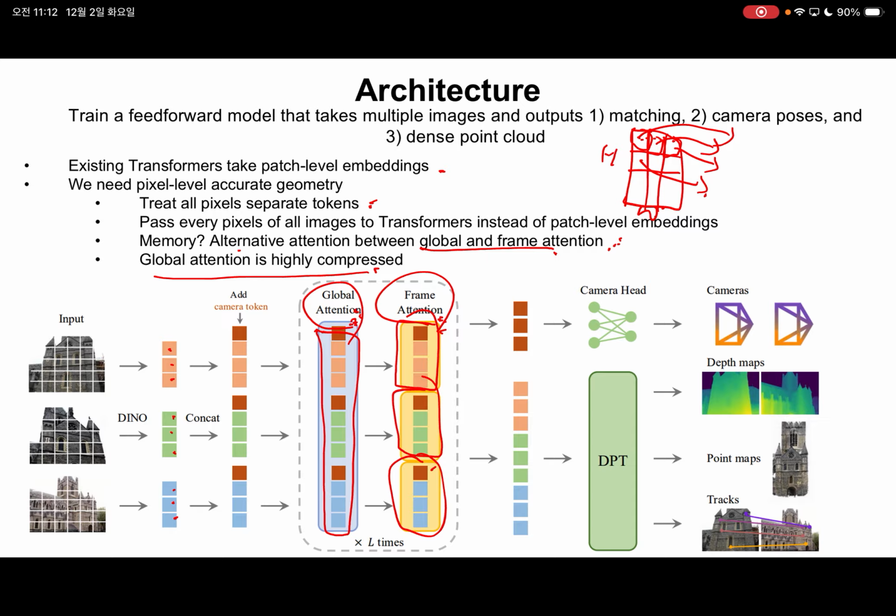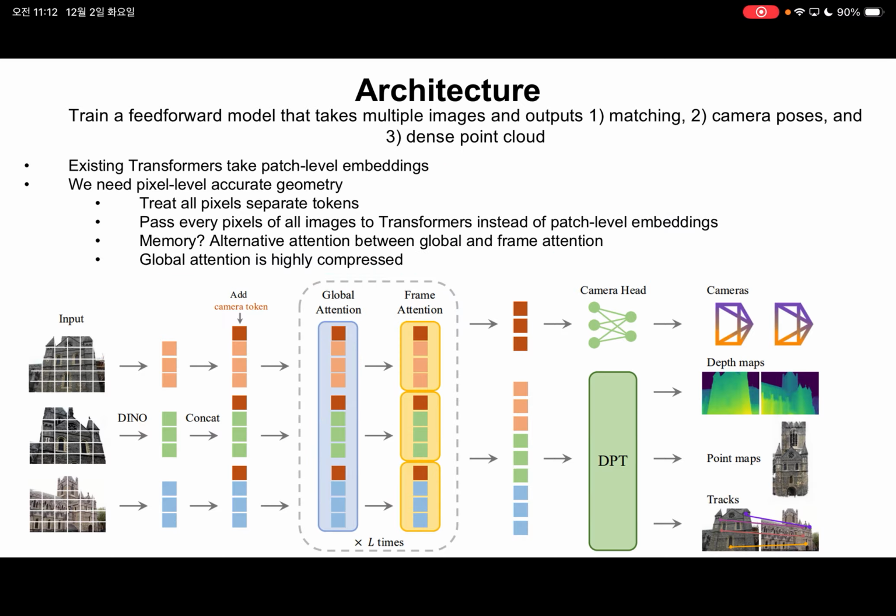Designing these two types of attention, with global attention very compressed, and this alternating attention mechanism is the primary way to treat all pixels as separate tokens and still get sub-pixel accuracy. The remaining thing is that after many iterations of attention, it outputs camera extrinsics, a per-pixel depth map, point cloud, and feature matching.